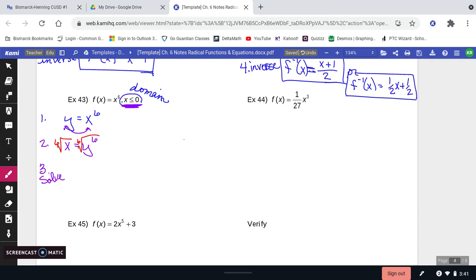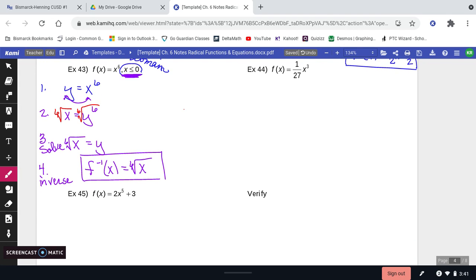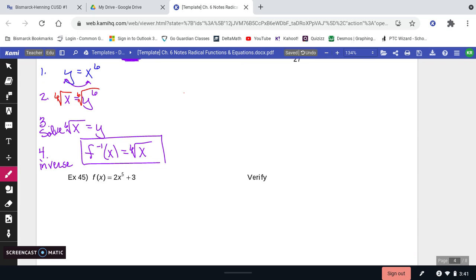So that sixth root cancels out the exponent, and this becomes the sixth root of x equals y. We are now solved for y, so now use your inverse function notation. So f inverse of x would equal the sixth root of x. Okay, so there is the equation for your inverse.